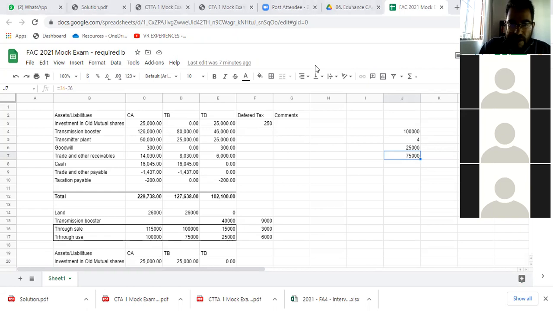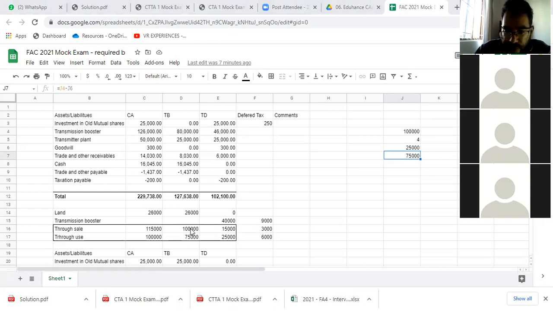I just want to ask something with regards to the tax bases. Did we adjust for the capital allowances? I can see 100,000 and 75. Can you assist on that part? Where is 300,000? Do you see through sale, we've got the tax base is 100,000. How did we get the 100,000?